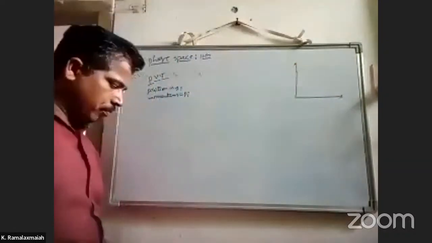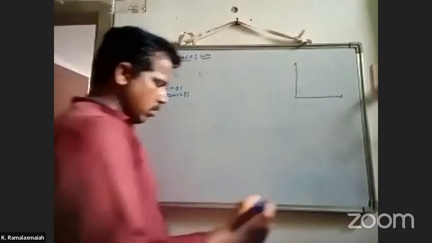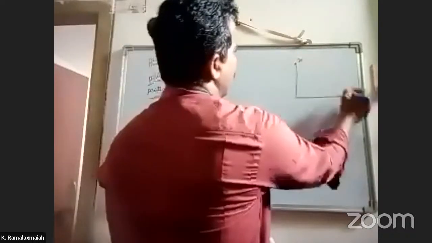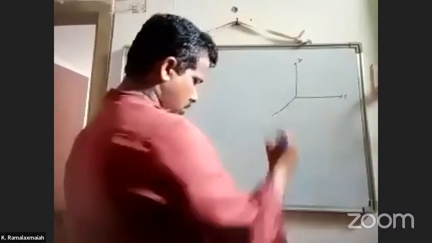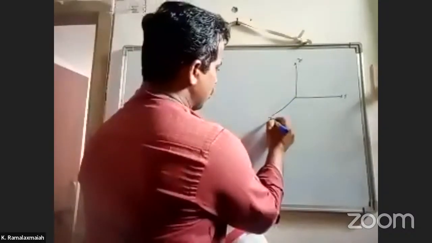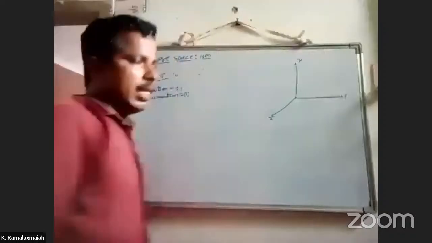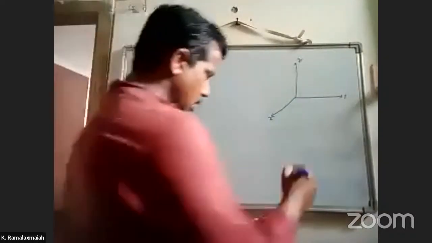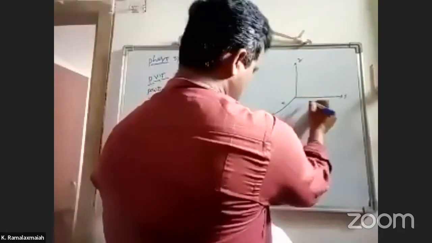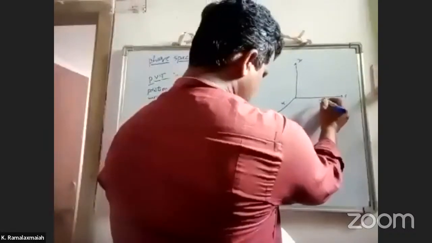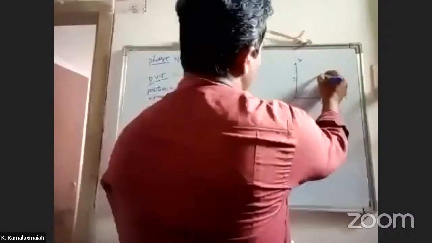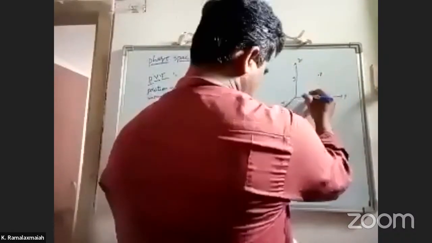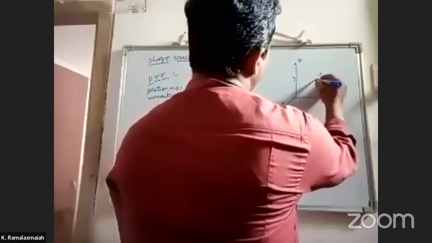This is the Z axis, Y axis. Here X axis. So here X, Z, and Y. Here P is position.